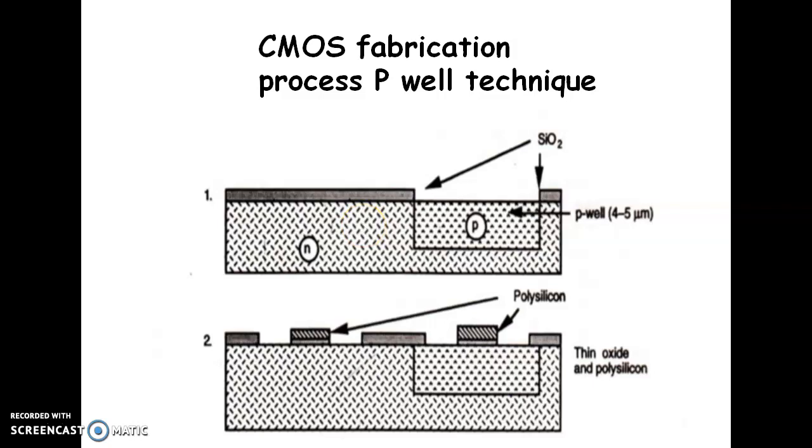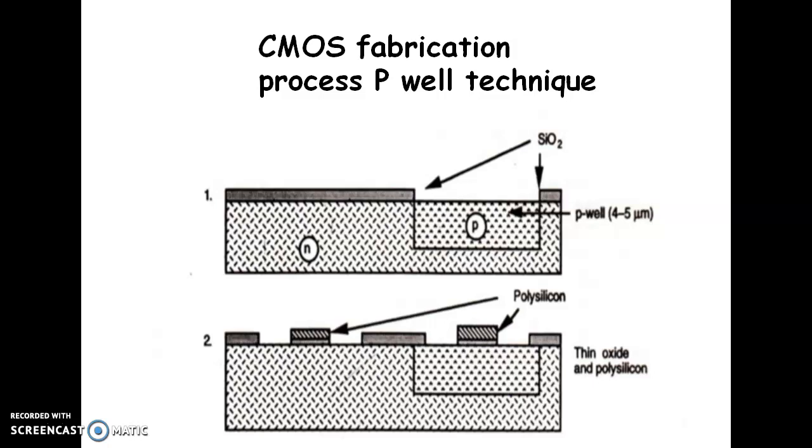Coming to the fabrication steps of the CMOS. CMOS fabrication can be done using the P-well technique, N-well technique, twin-tub technique, and silicon on insulator. But the P-well process is widely used in practice, and the N-well process is also popular.